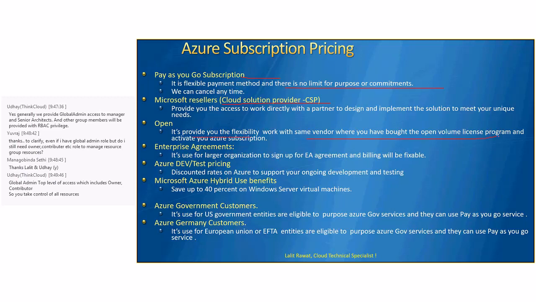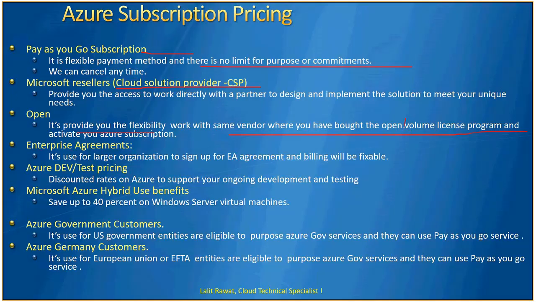Suppose you have a vendor where you bought some volume licenses earlier under the program, and you want to utilize the same license for your subscription. You just go ahead and use those Azure subscriptions and activate your program or the resources here. As I have widely told you, the enterprise agreement subscription is only for enterprise level agreements, and the billing will be fixed billing and can be used for 6 months or 1 year.